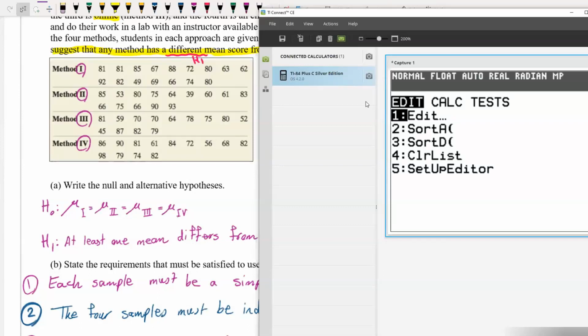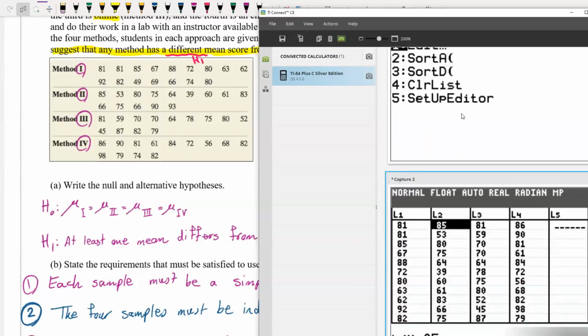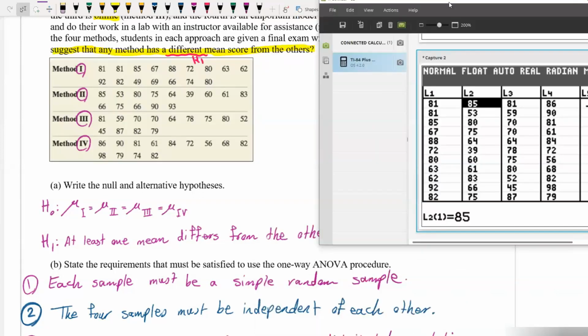Enter these numbers. So we entered all these 4 columns.